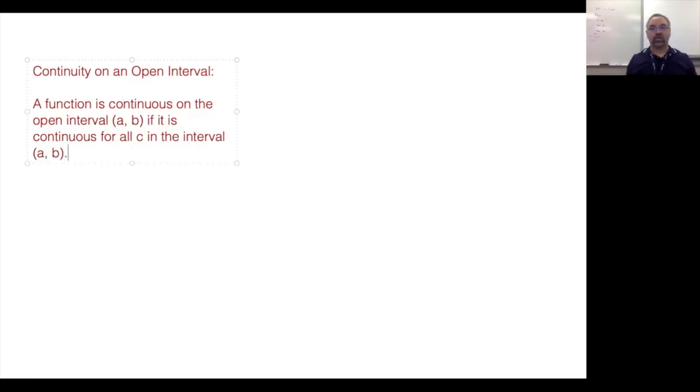Super easy. As long as the function is continuous for every c in between a and b, not including the endpoints, then the function is continuous on the open interval. So the easy peasy one.